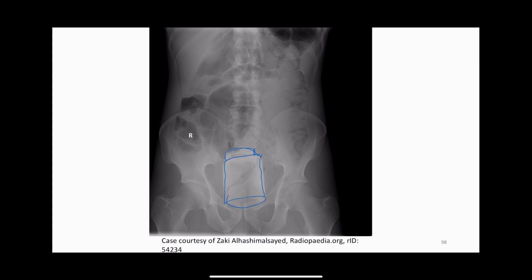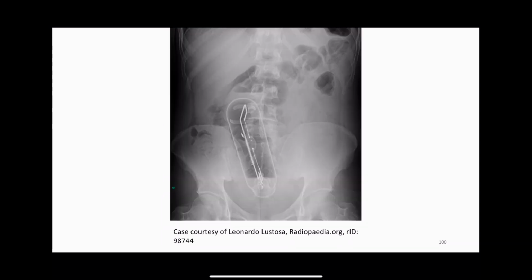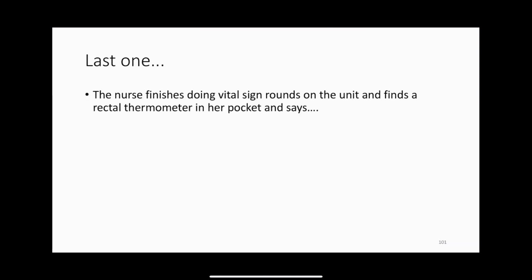I guess if you've got to put it somewhere. Anybody see my beer? Now this one didn't seem like a bright idea. Get it? This is a light bulb, a pretty large light bulb. I guess that would be the screw portion. A pretty large light bulb inserted into the rectum. Again, not their brightest idea.